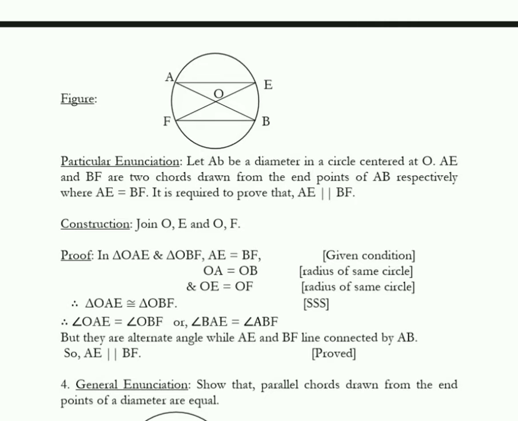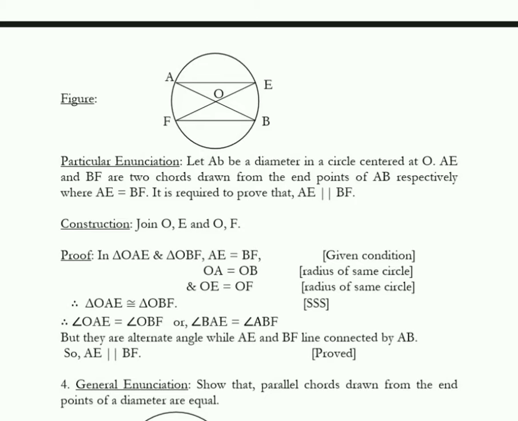So as they are equal and they are alternate angles, and we know when a pair of parallel lines is intersected by a third line, then alternate angles are equal.